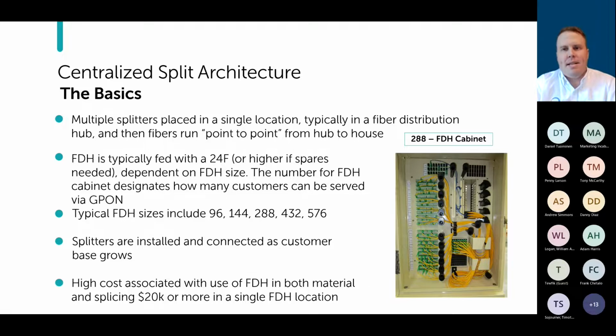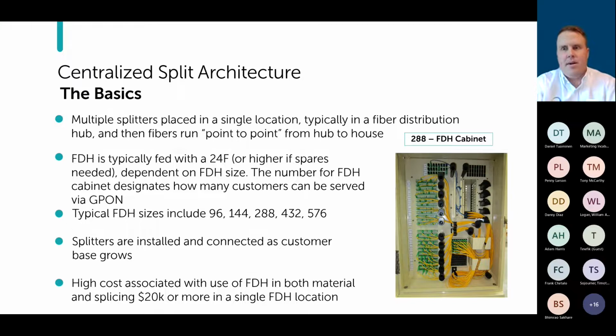So what you'll have is an FTTH, or a fiber distribution hub, that's typically going to get fed with a 24 fiber count or higher, depending on how many spares you want. Then from there, your splitters sit in that hub, and a single fiber will feed a splitter, whether it's a 1:16, 1:32, or in some cases a 1:64.